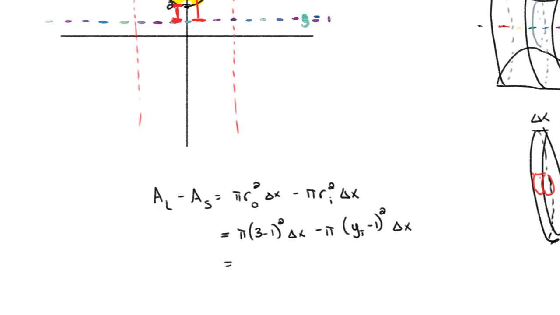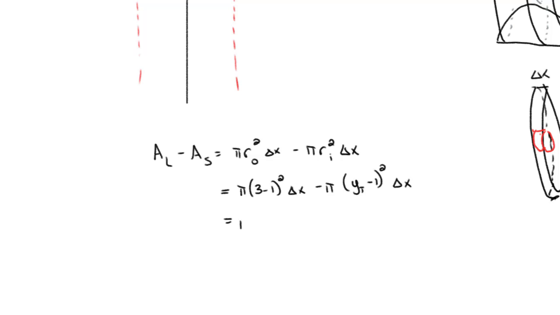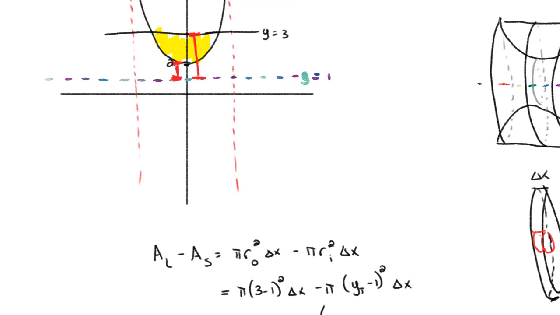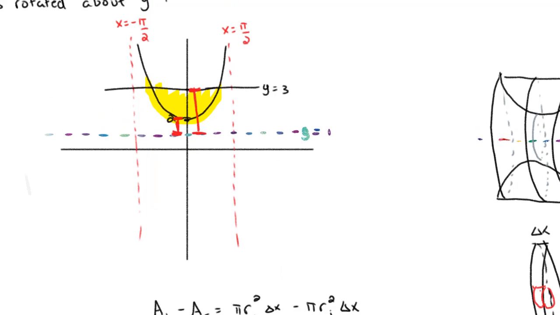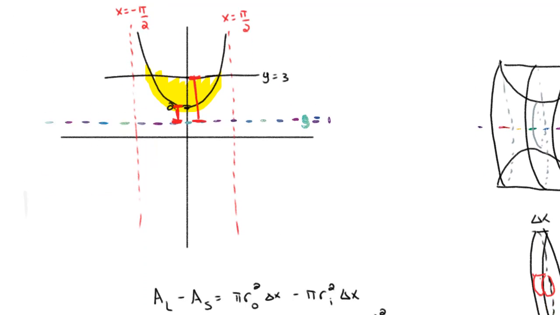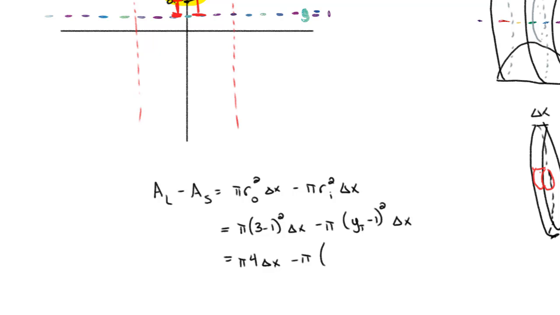This is pi times 4 times delta x minus pi times the top y value. In this case, this one right here is going to be defined by the secant of x plus 1. So let me write that in there. Technically, it's x sub i.